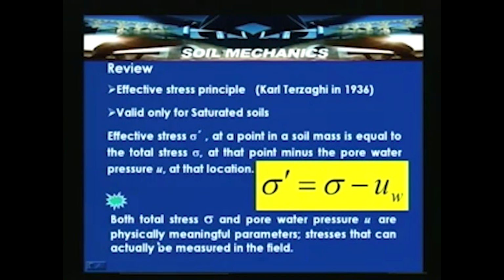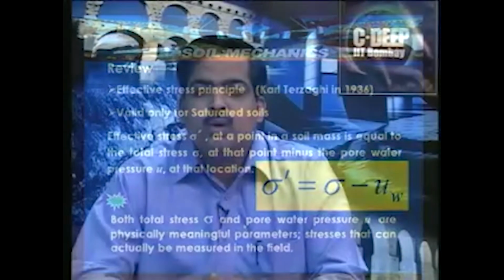Both total stress sigma and pore water pressure uw are physically meaningful parameters, in the sense that they are stresses that can be measured in the field.